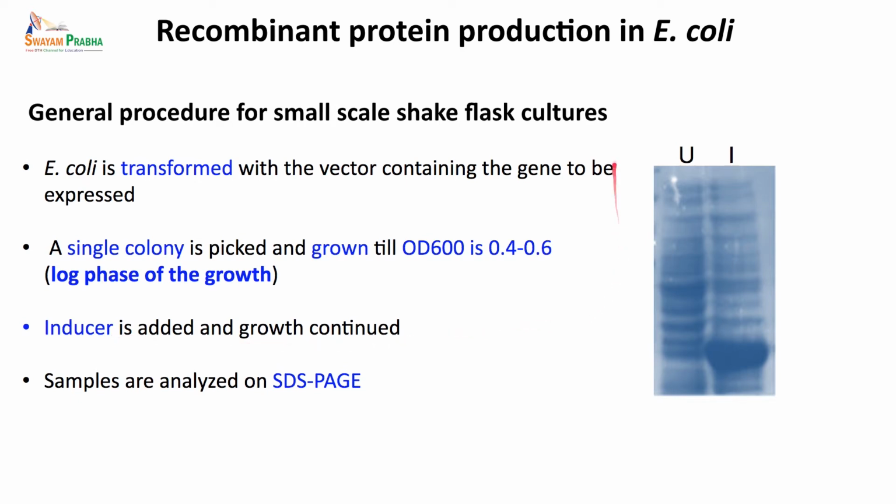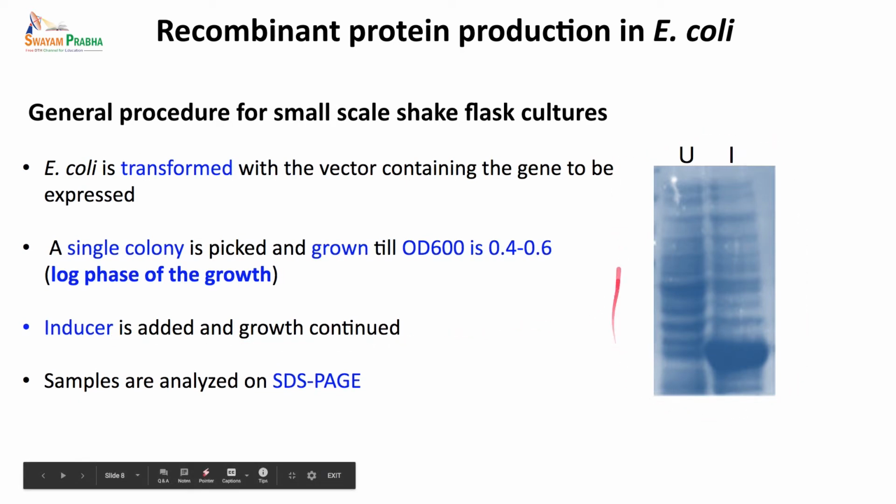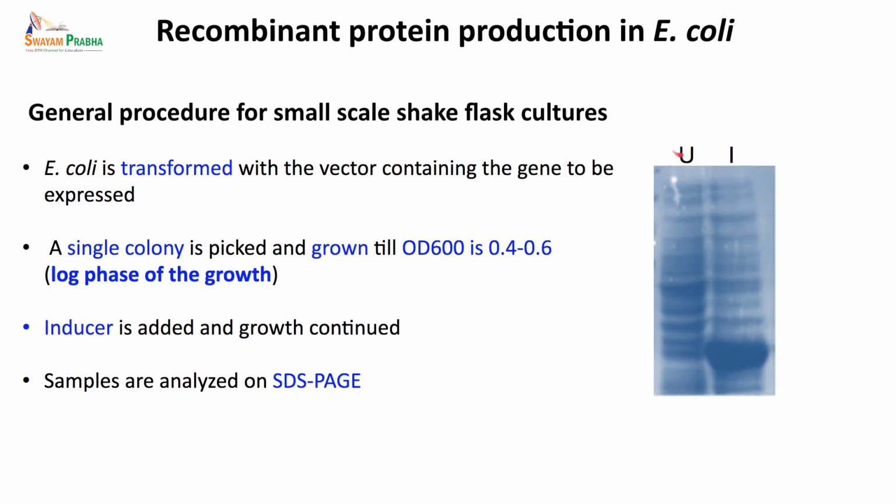But once you have run the SDS-PAGE, this is what you can expect to see. So this is the uninduced sample. Cells are lysed and the proteins are run on an SDS-PAGE and stained with Coomassie blue. And this lane shows the culture that was induced to produce the protein that you wanted.